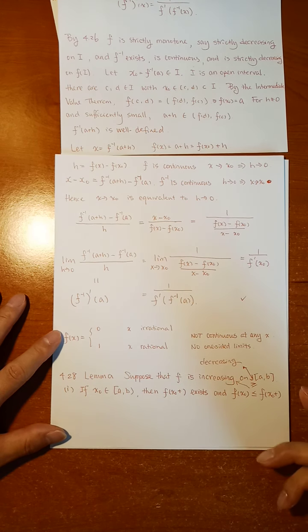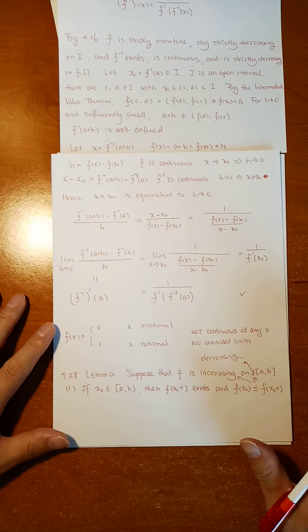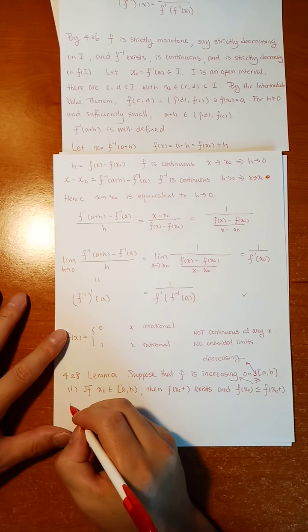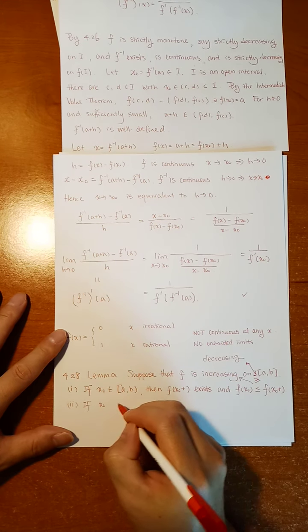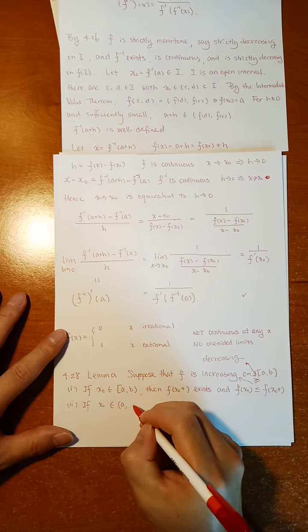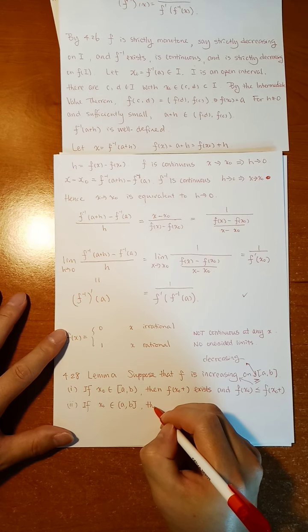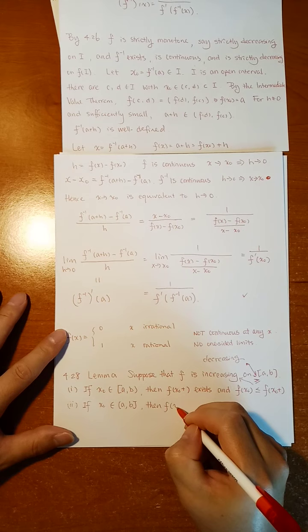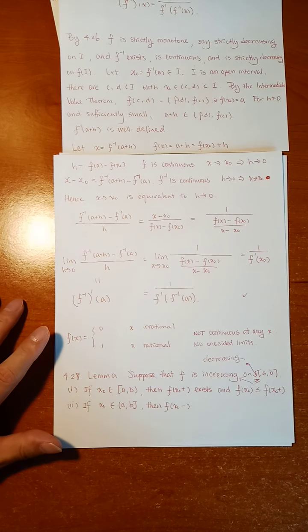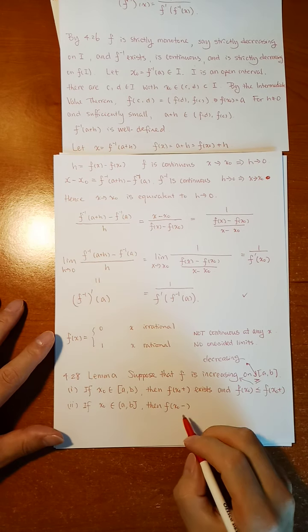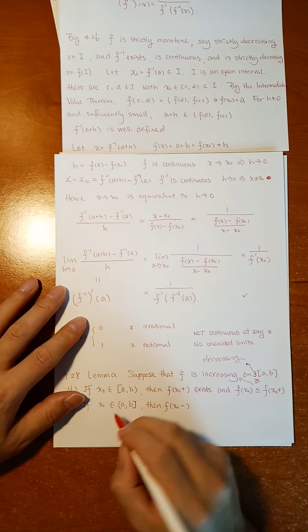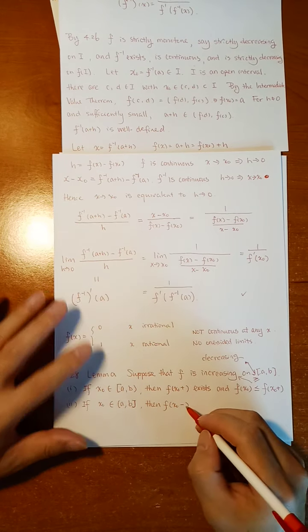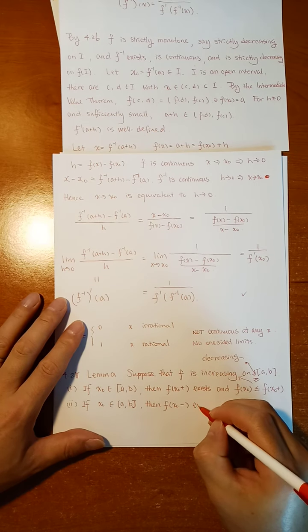You try to do the proof, see if you handle the whole idea. And if x0 belongs to (a, b], then f(x0-), the left-hand limit, exists. The left-hand limit cannot be defined at the left-hand point, so we exclude it.